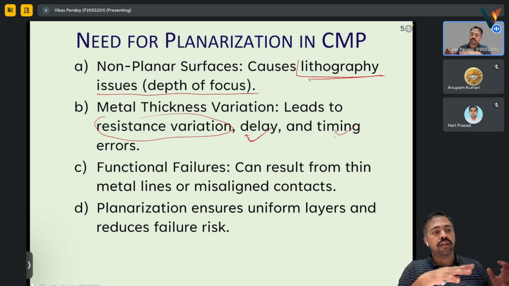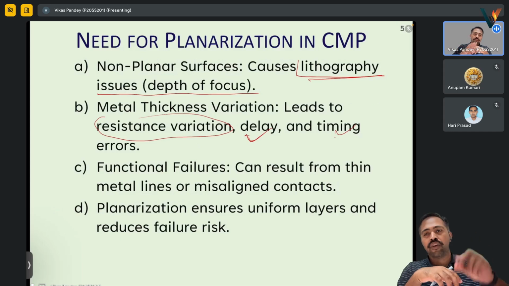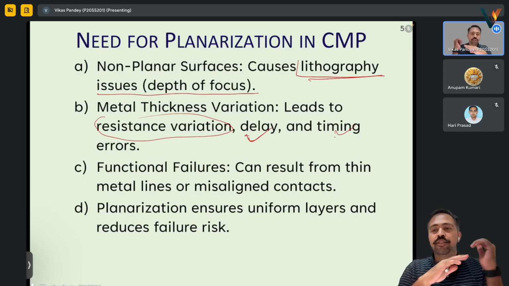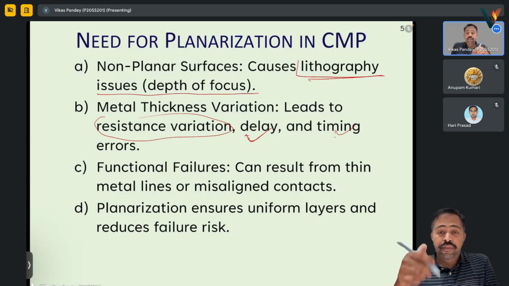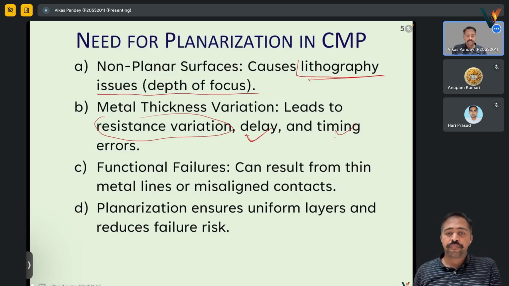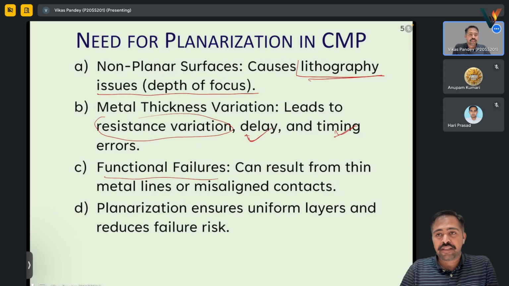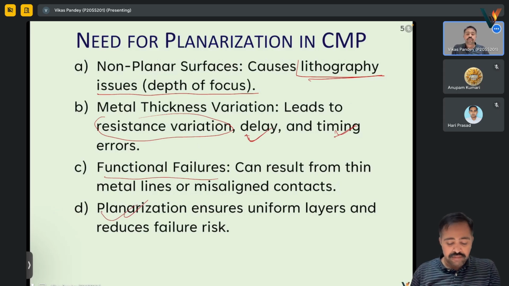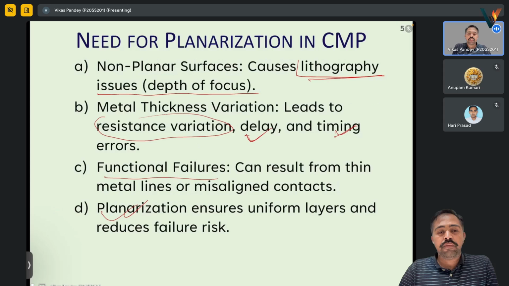It must not be like lumps of high and low resistances. It should be uniform. And if we have some thin metal lines and some thick metal lines, functional failures can occur from thin metal lines or misaligned contacts, and this can happen when we have a non-planar surface. So planarization ensures uniform layers and reduces the failure risk.